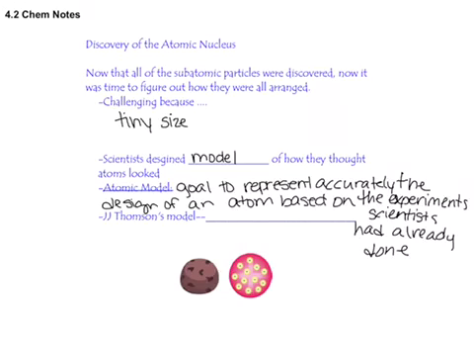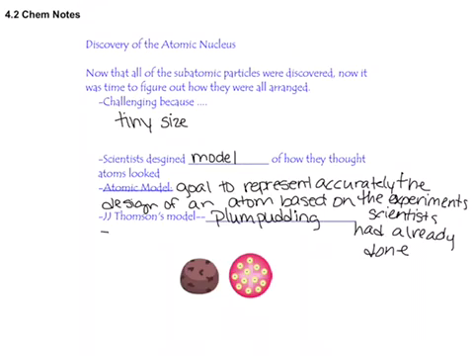And so J.J. Thomson, when he found the electrons, he created what was called a plum pudding model. And us in the United States, we don't really know what plum pudding is, but the closest thing we can come to thinking about is more like a chocolate chip cookie.